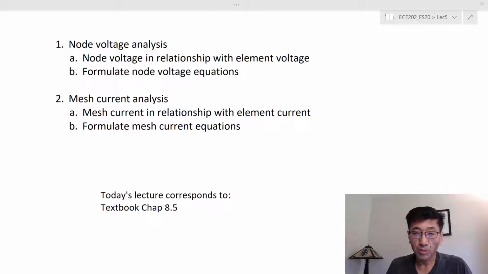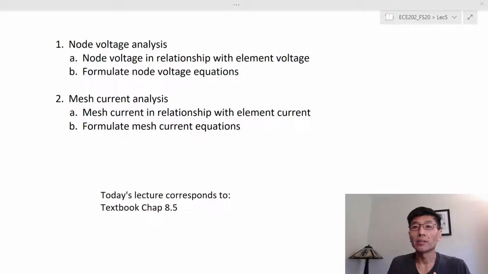So today there will be four topics, or four clips. The first two will cover node voltage analysis, and I will break this into two parts. The first part is the relationship between the node voltages and element voltages.